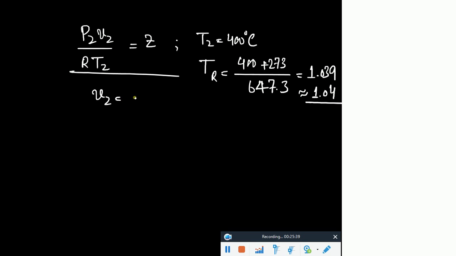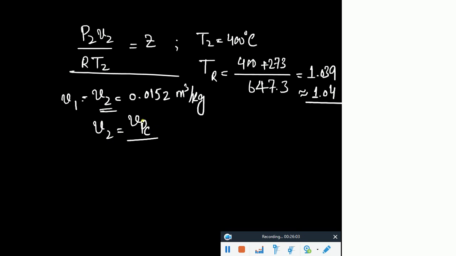So what is V2? V2 was, come on, I have that value equals 0.0152 meter cube per kg. And can I find out the pseudo reduced specific volume of this one? So what would that be? This would be V over R TC over P C. Sorry, this is V by R2.